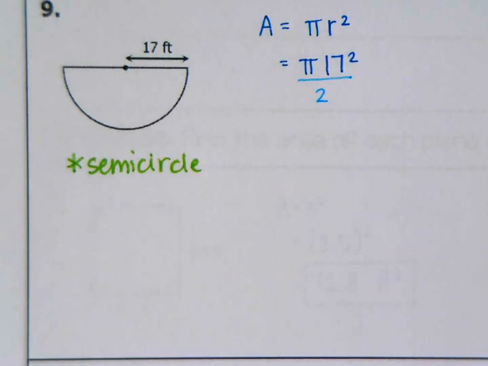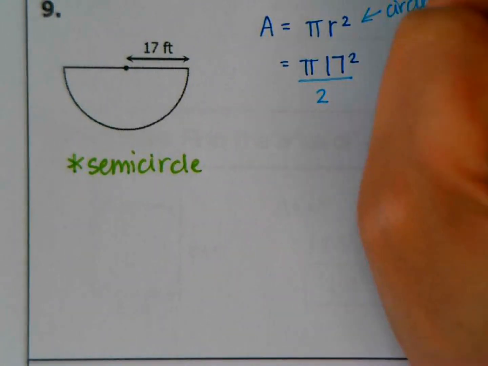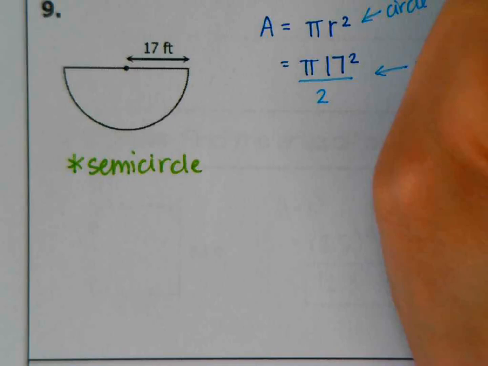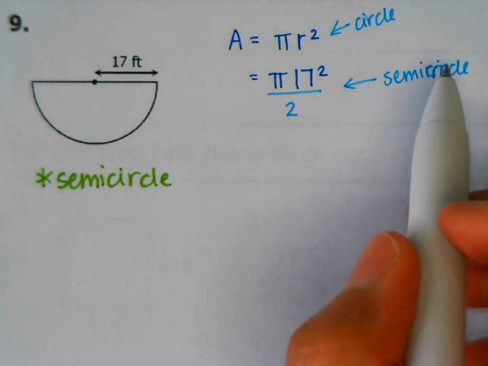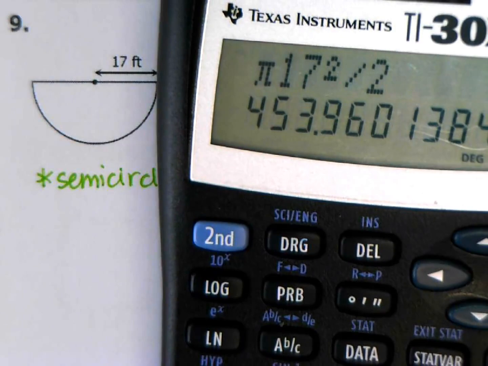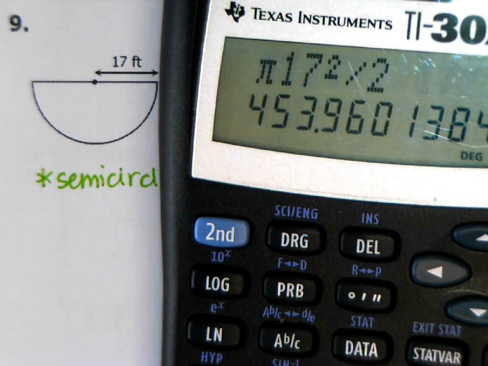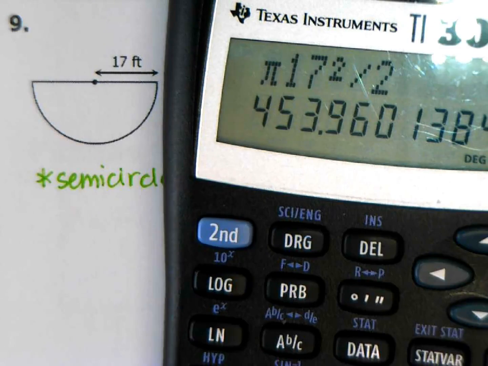This is just a regular circle, but now we're halving it. I know it looks weird. And then if you press enter, you should get 453.96. So that means 454.0. Okay, thank you.